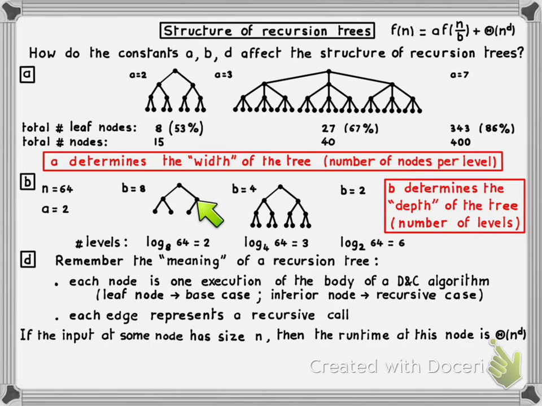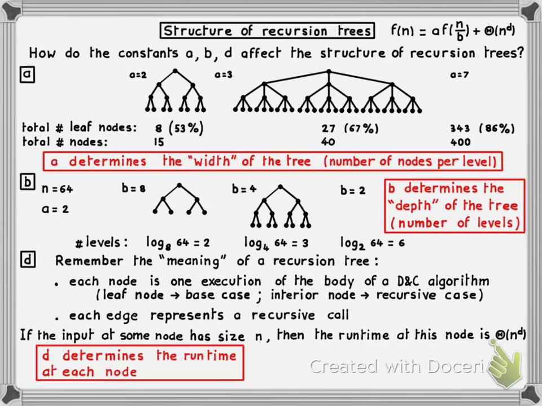Here we would have n over 8 to the power d. That's the order of the runtime at this node, and the same at this node. So in other words, d in the recurrence relation here determines not so much the structure of the tree, but the runtime at each interior node of the tree, as we just explained.